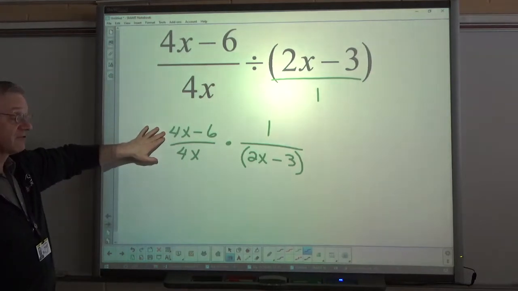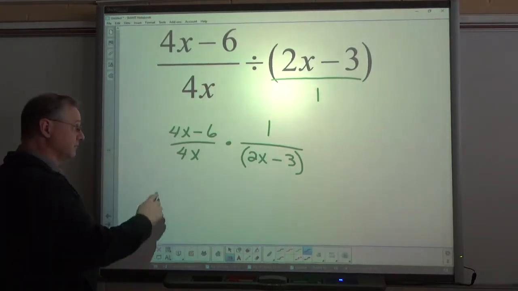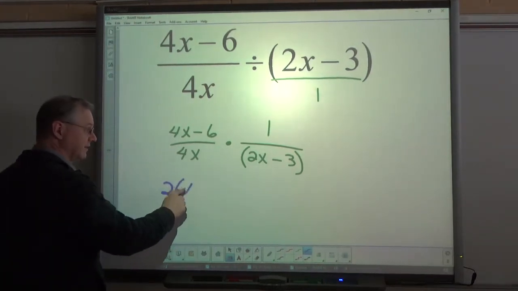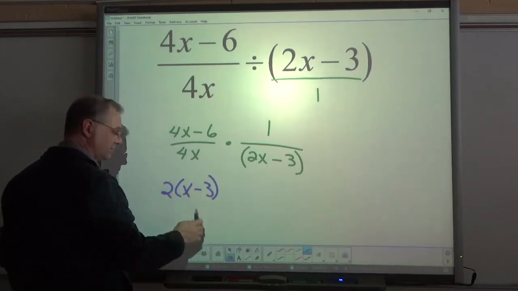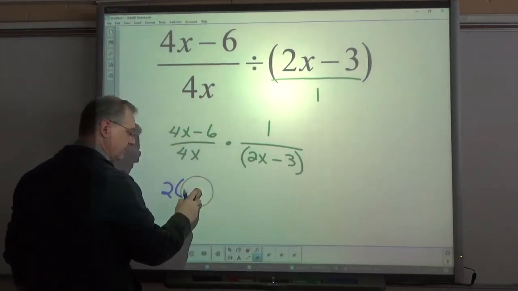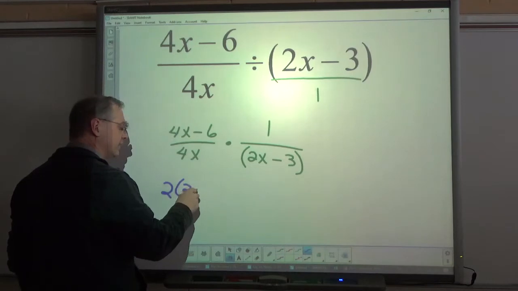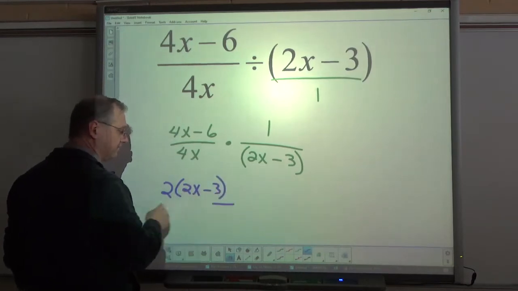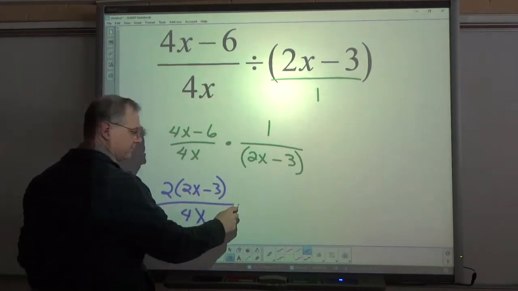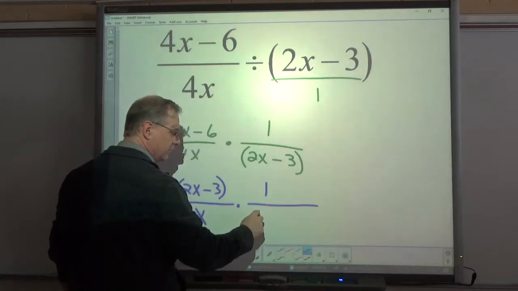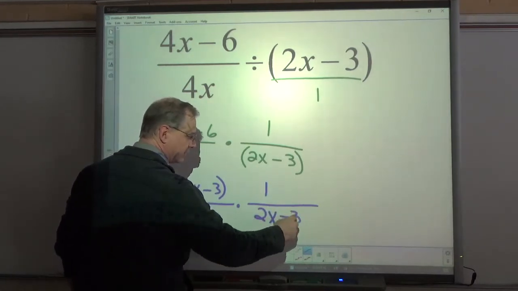I want to factor out a GCF if I can here, so that would be a 2, and then a 2x minus 3 is what I meant, for 4x minus 6, over 1 over 2x minus 3.